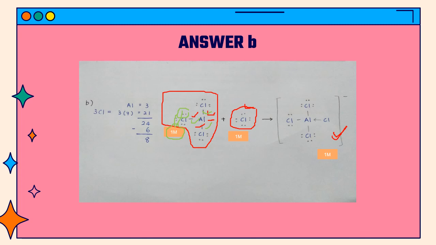Then Cl has 8 valence electrons. So we get 1 mark. Then the product with this, and don't forget the negative ion symbol. Then we get 1 mark.